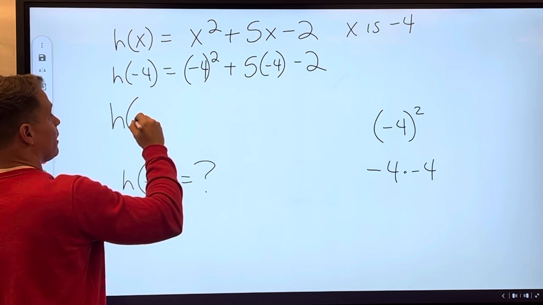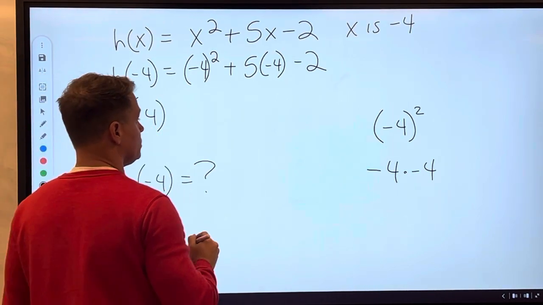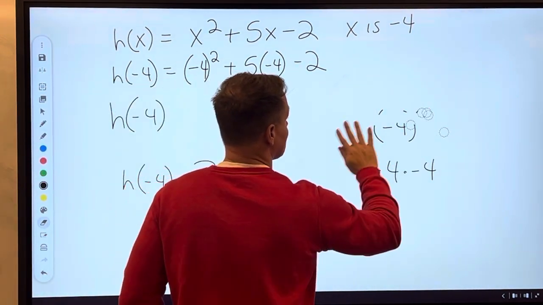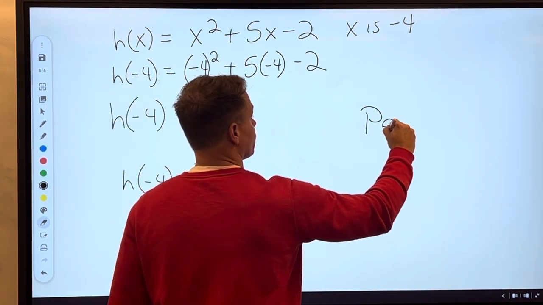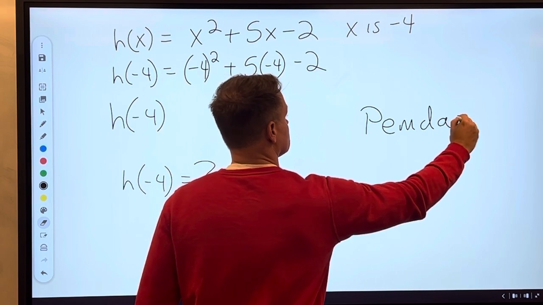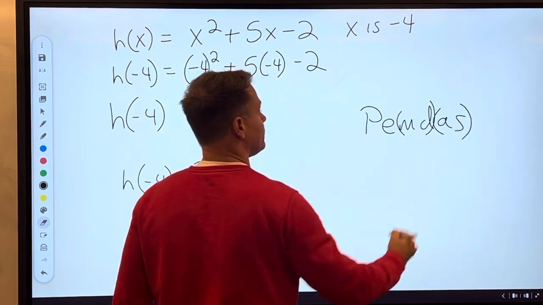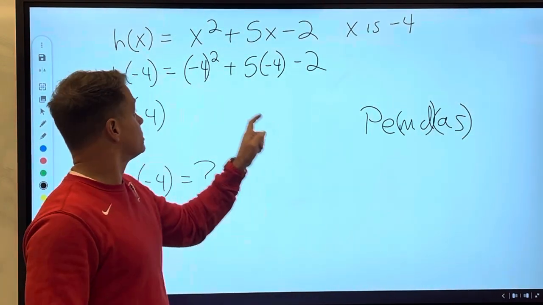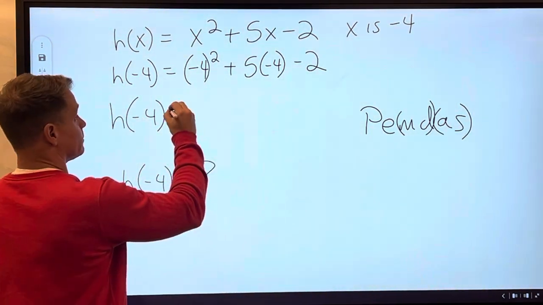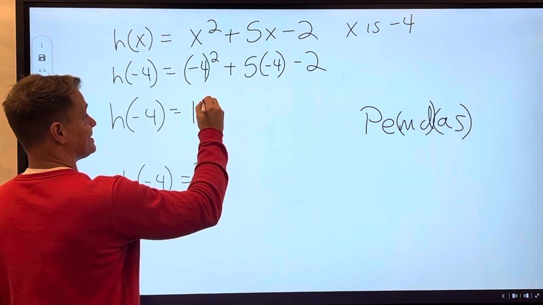So the first thing that I want to do in terms of the order of operations is do anything in parentheses first. And there's nothing in parentheses to do. So the next thing I would want to do is my exponents. Here's an exponent right there, negative 4 squared. Negative 4 squared is 16.